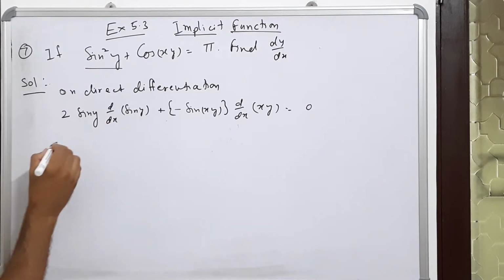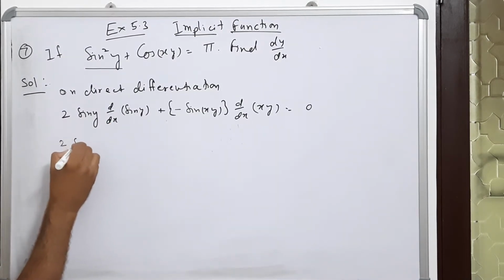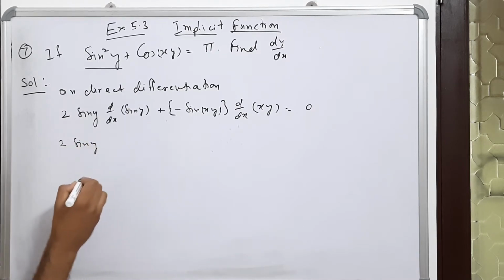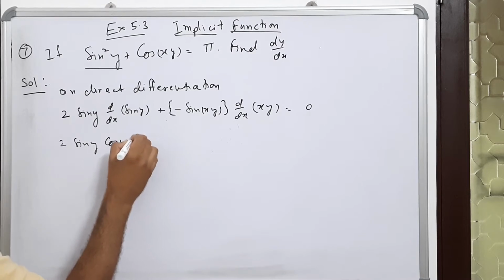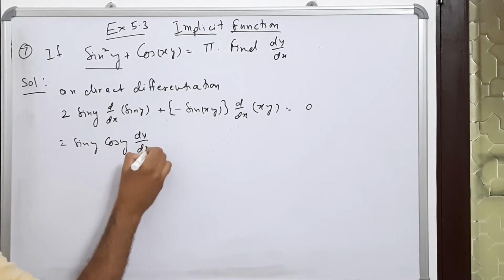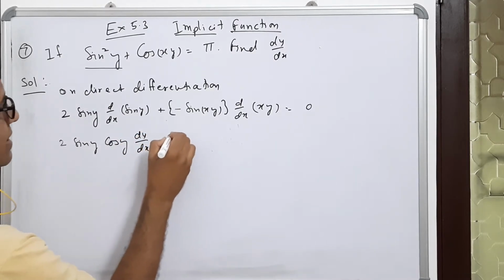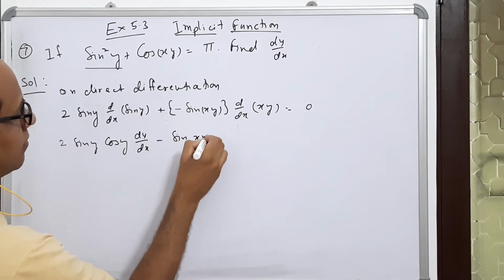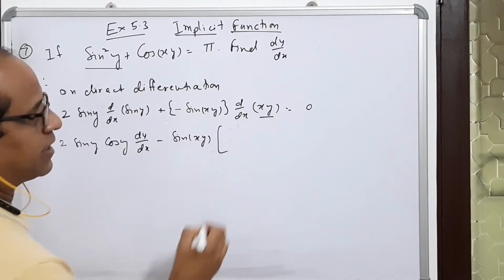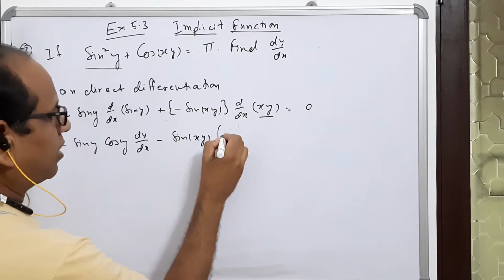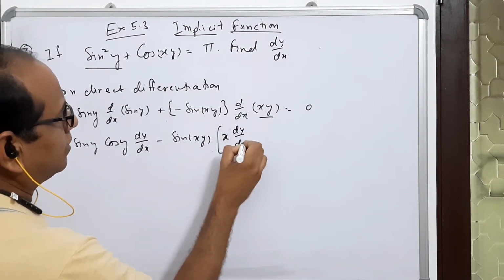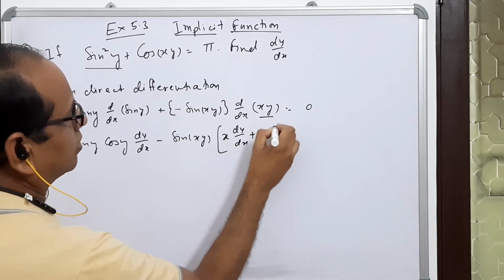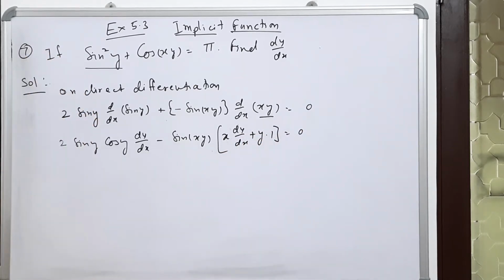Now the next step is 2 sine y and the derivative of sine y is cos y. And with cos y we write dy by dx, minus sine xy. And now the d by dx of xy is the chain rule as well as the product rule. Now x dy by dx plus y dot 1 equals to 0.